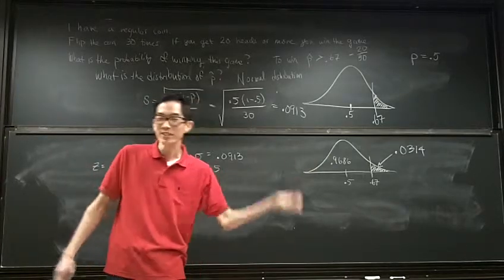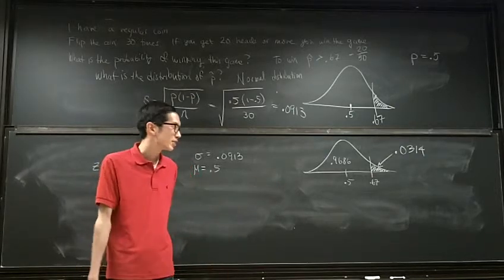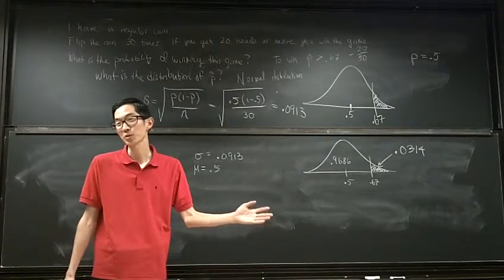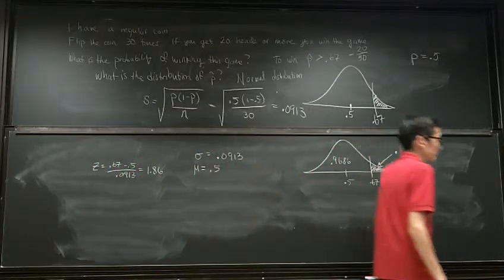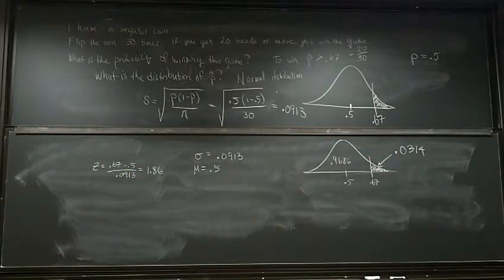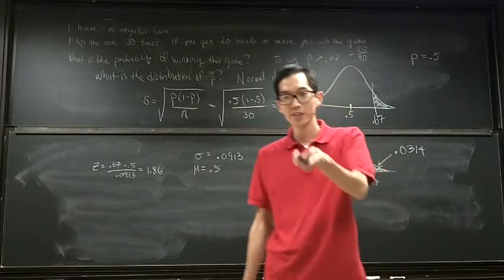Sounds simple enough, right? Flip the coin 30 times, all you gotta get is 20 heads or more. Chance of you winning, it's only 3%. Let's take a little break, and then we'll come back and talk some more.